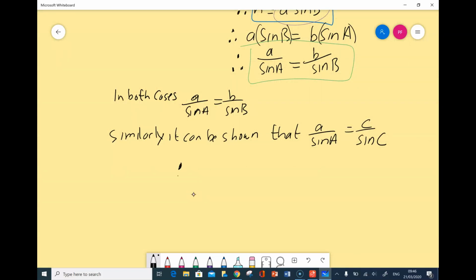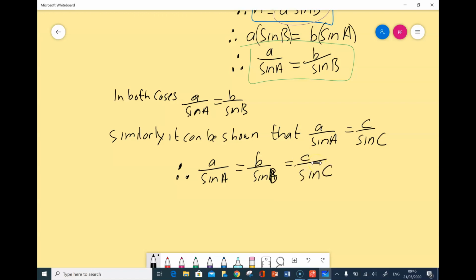So if A over sine A equals B over sine B, but also A over sine A equals C over sine C, then B over sine B equals C over sine C.